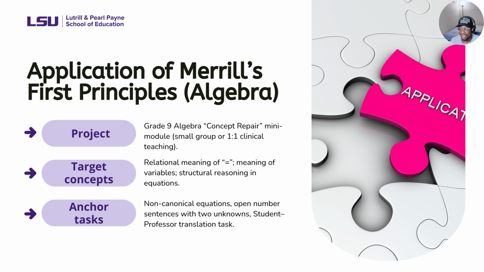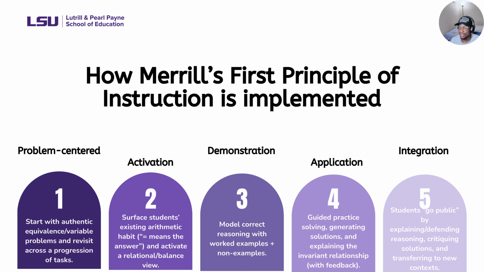The other task that I would like to also use in my instruction is open number sentences. Of course, these open number sentences defy the canonical equations that students are always privy to, and the student-professor translation task. So, at the problem-centered stage, I will start with authentic equivalence variables problems and revisit across a progression of tasks.